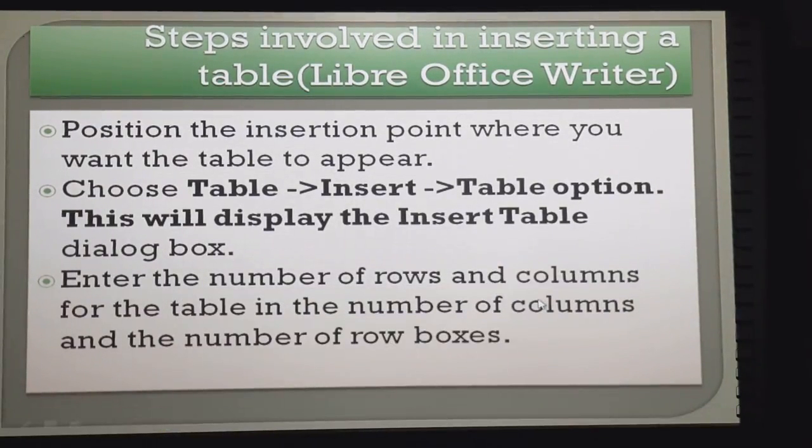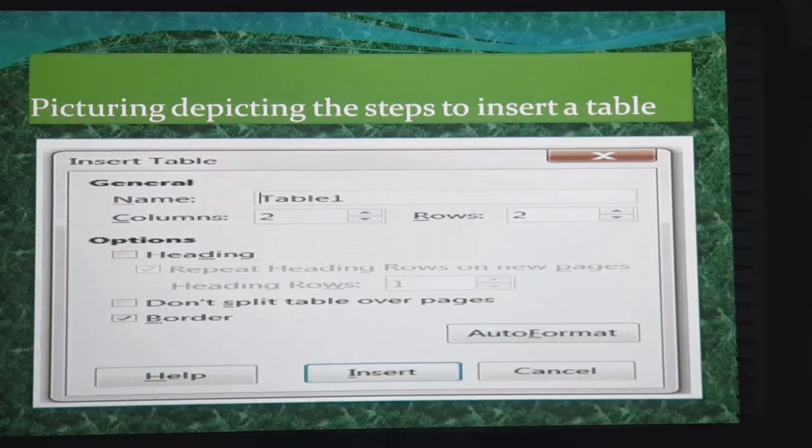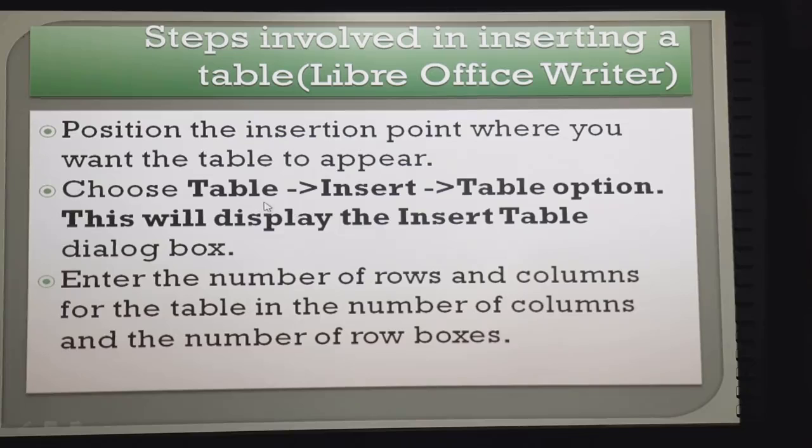So this is how we can insert tables in our LibreOffice Writer application. See, the same is being depicted by a picture in front of you. If we choose the Insert option, go to the Table tab, from there you need to choose the Insert option, and then table options will be there, or directly you can also choose Ctrl plus F12.